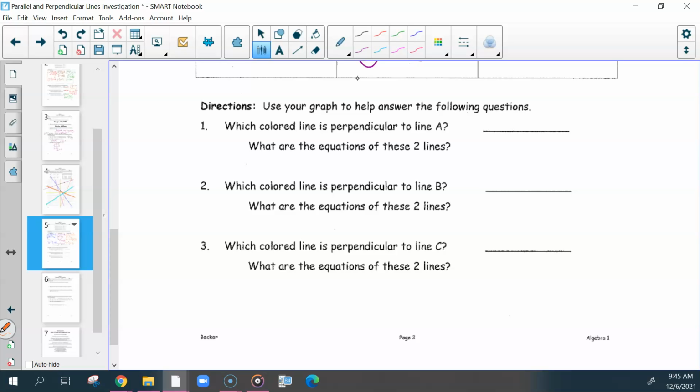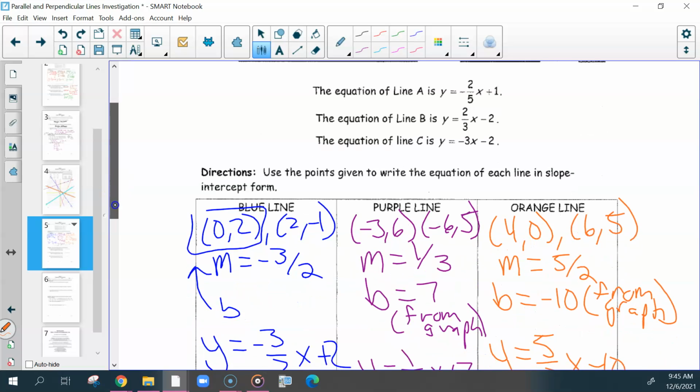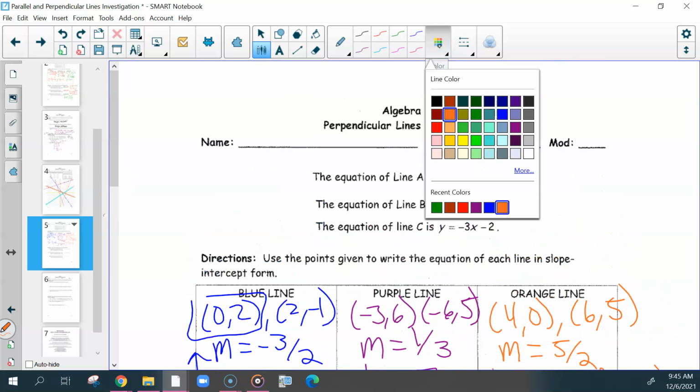What did we say? A and orange? So, negative 2x.